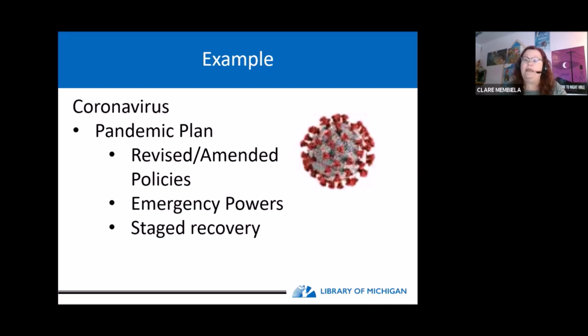In other words, it enabled the director to do some things that normally they may have had to confer with the board on, things like closing the library, things like amending policies on the fly. And that's a very important thing. And then also the idea of staged recovery. So that's a perfect example of what we're talking about when we're talking about crisis management.